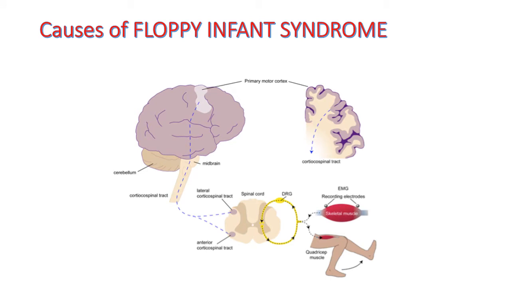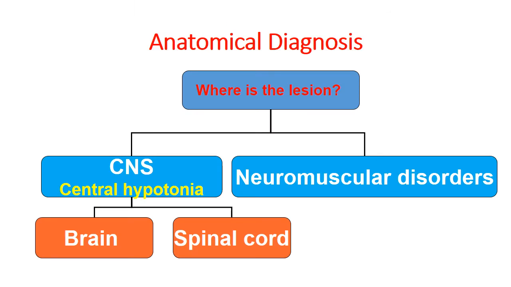What are the causes of floppy infant syndrome? We can divide the causes of generalized hypotonia in the first year of life. It could be due to a central cause, called central hypotonia, either due to brain or spinal cord lesion, or it could be due to neuromuscular disorders.